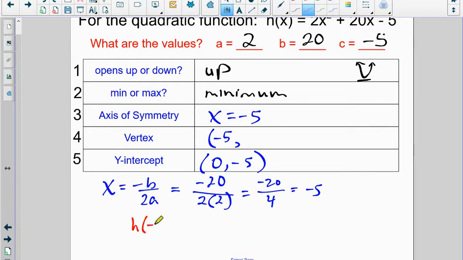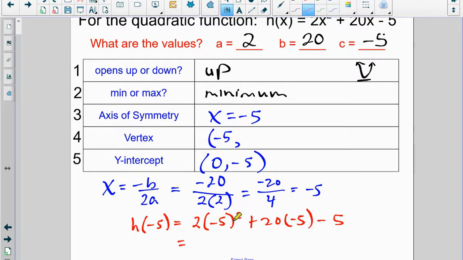So h of negative 5 equals, let's see, it was 2x squared, so 2 times negative 5 squared, plus 20x, so plus 20 times the value of x, and minus 5 at the end. Just rewrote my formula, my quadratic equation, and placed negative 5 anywhere there was an x.